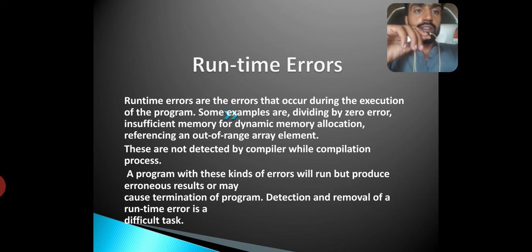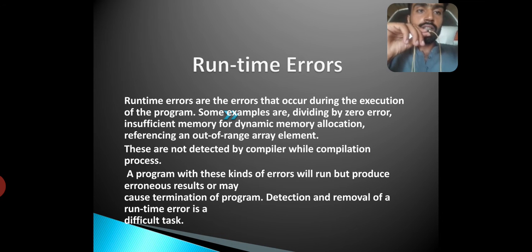Runtime errors. Runtime errors are the errors that occur during execution of the program. Some examples are division by zero, insufficient memory for dynamic memory allocation, and referencing any out of range array element.